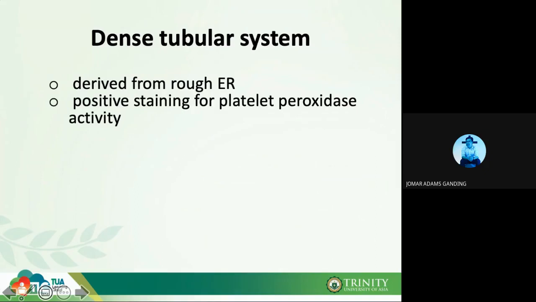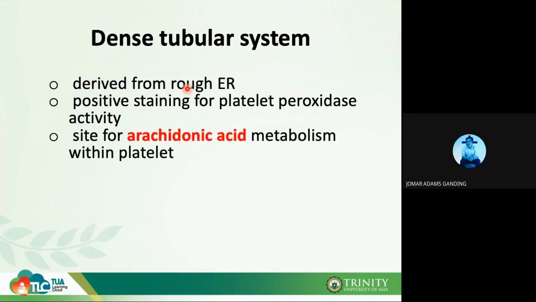So when staining platelets to check their peroxidase activity, the positive results of your platelets are due to your dense tubular system. Your dense tubular system is also the site of arachidonic metabolism within the platelets. So the site of arachidonic metabolism again is your dense tubular system.